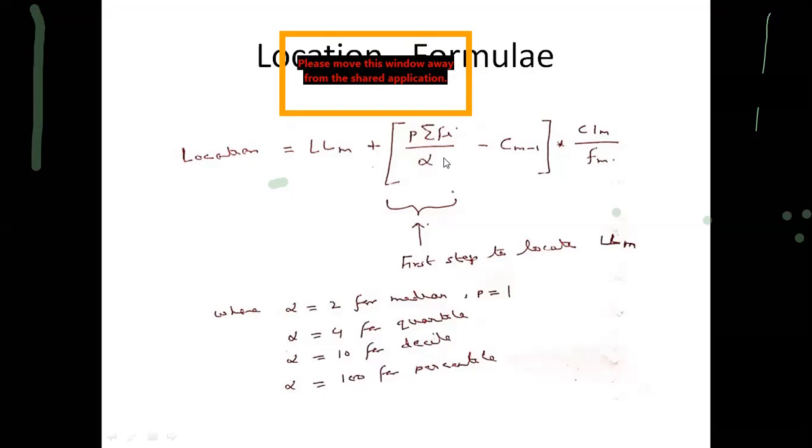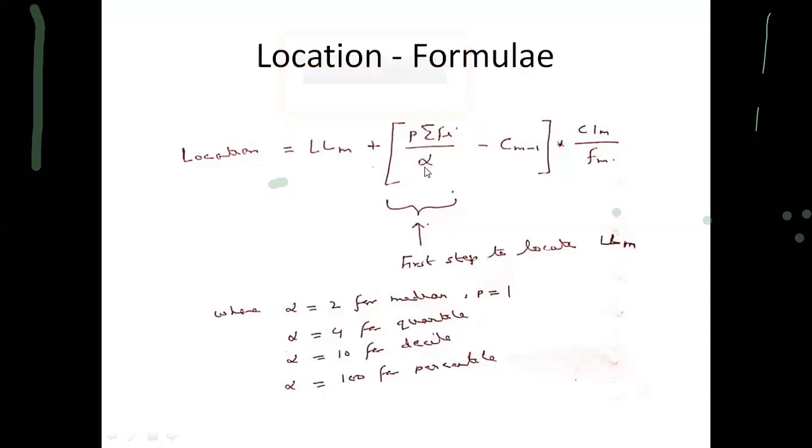So the second quartile is nothing but the median. If you want to find the 25th percentile, you write P as 25 and alpha as 100, and then execute this formula. This is a common formula for measures of location.